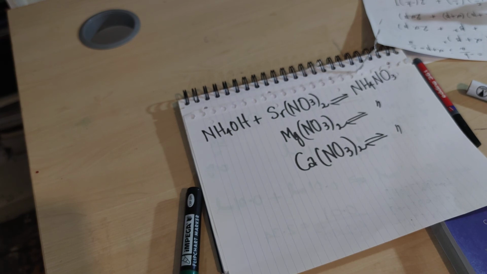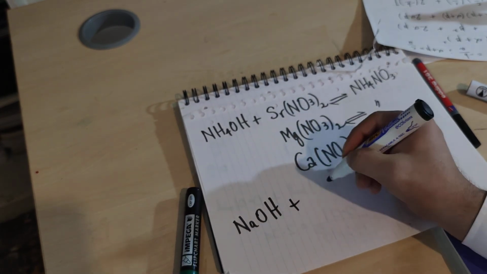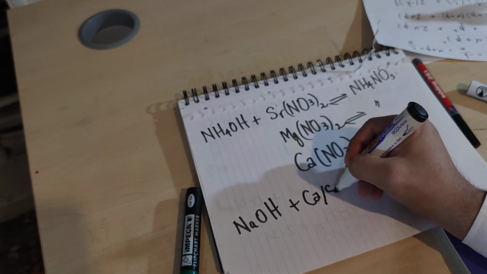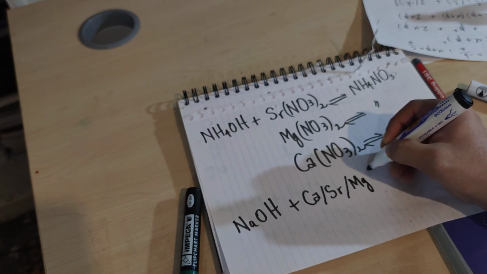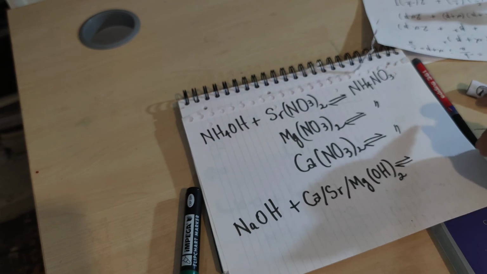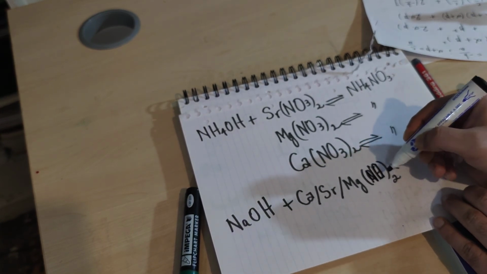So when you react NaOH plus all of these, you'll get nitrate.